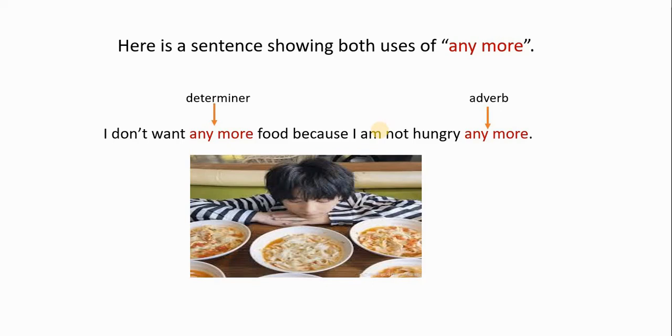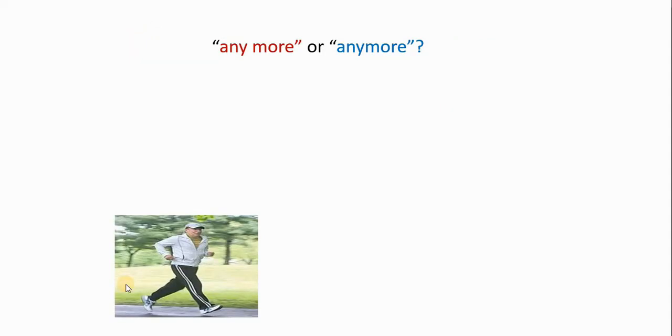So, it's a good example because it shows the same word twice, but in terms of parts of speech, it's a different part of language. Here is a determiner and here is an adverb. Okay? So, any more or anymore.